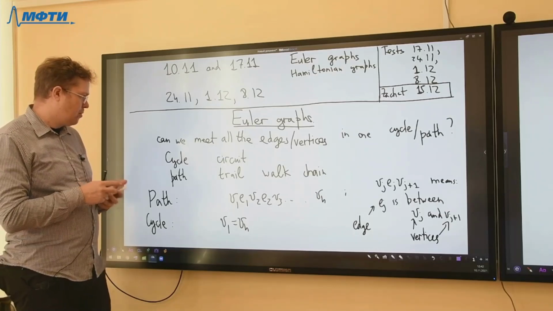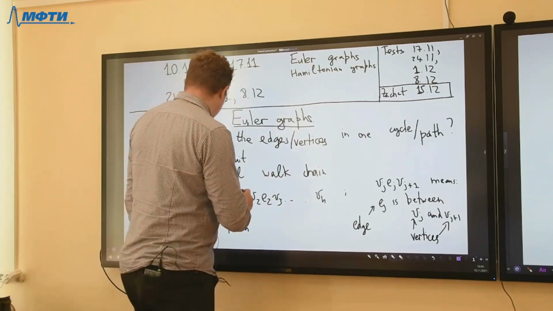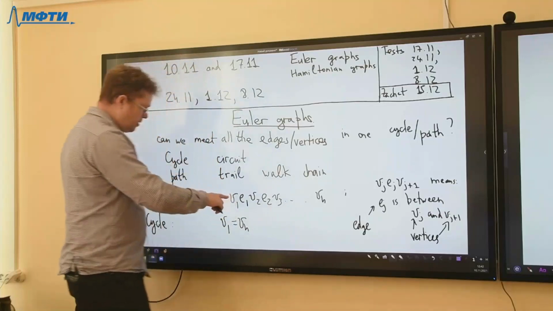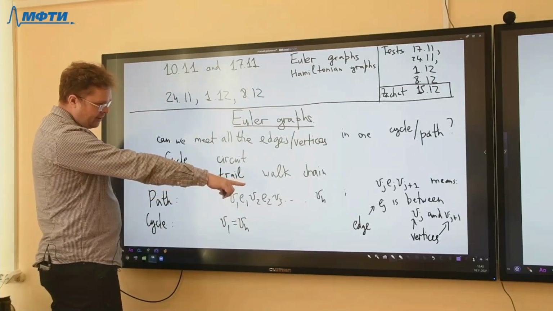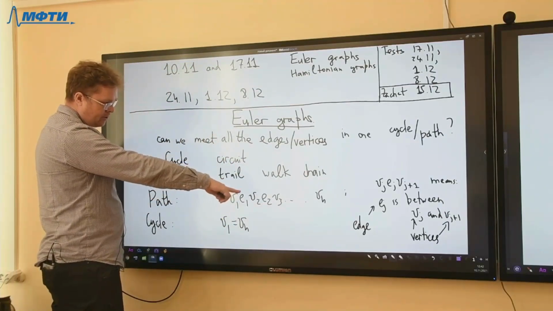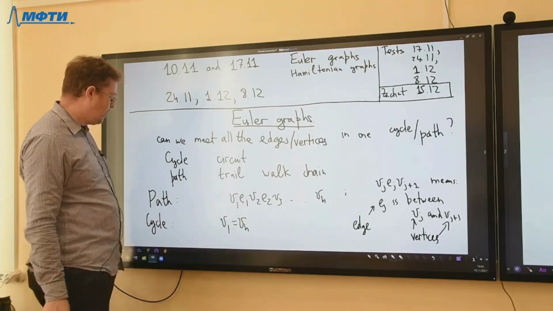So in a path, you assume that all edges are distinct, and the walk can contain the same edges many times? And what about vertices?